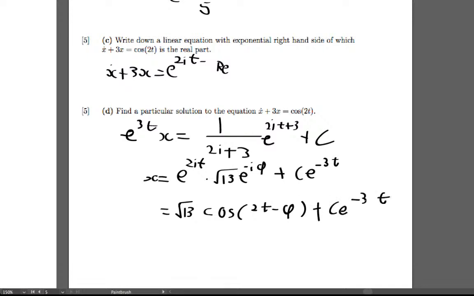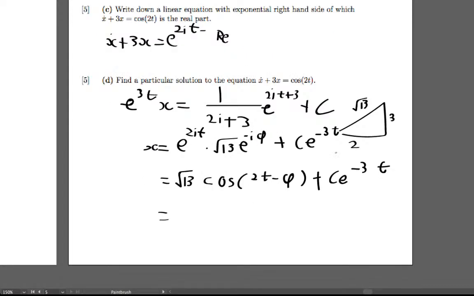And what's phi? When you draw the triangle, this is 3, this would be 2, this would be square root of 13. Then after that you can open up the entire thing. Square root 13 of cosine 2t minus phi is actually cosine 2t multiplied by cosine of phi plus sine 2t multiplied by sine of phi.